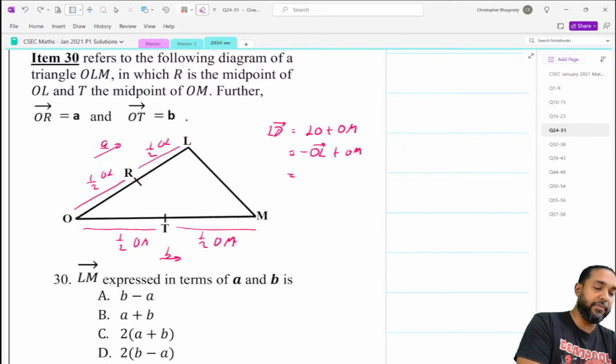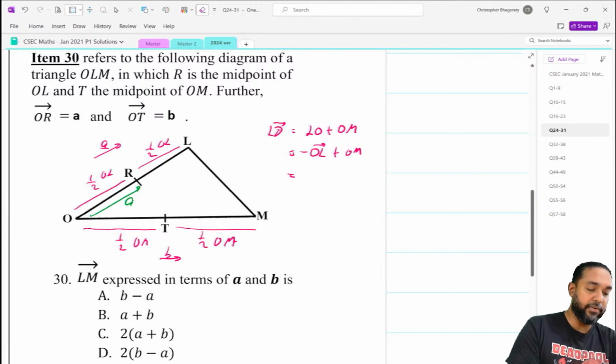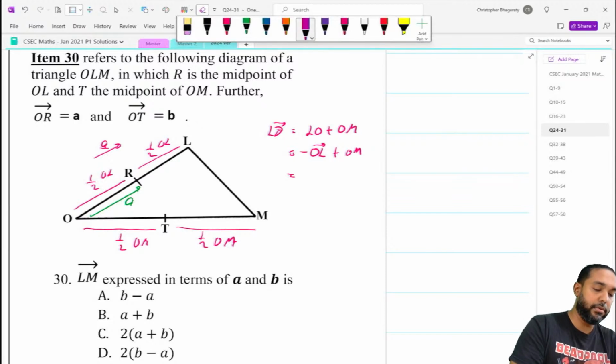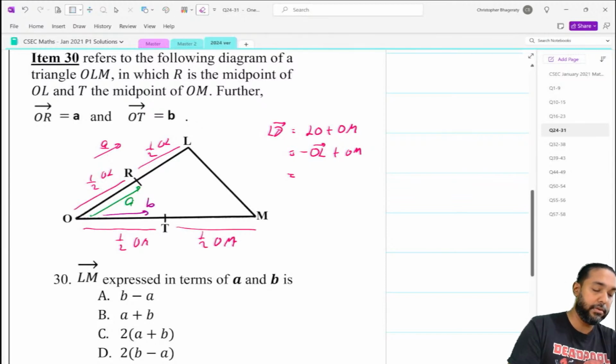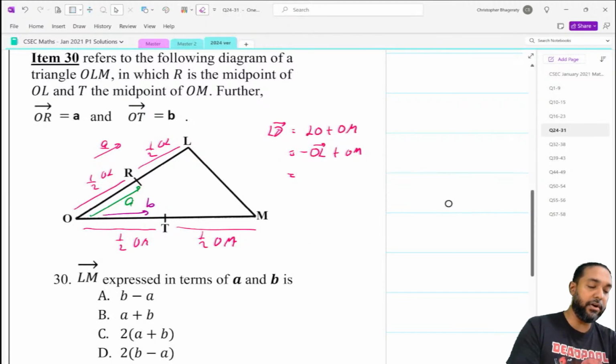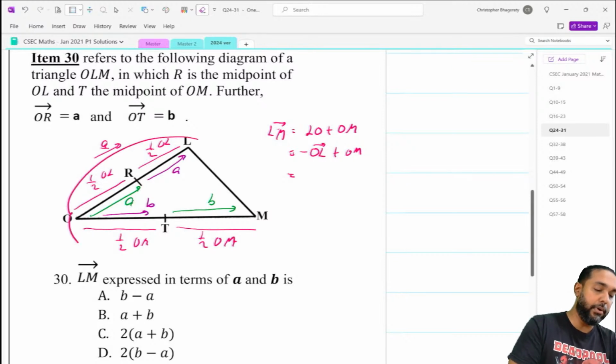Let me get a different color. So going from O to R is A, and then going from O to T is B. So put on a purple. This one is B. Since R is the midpoint, it implies that this is also A, and this is also B. So to go from L to M, you have to go LO and then OM.